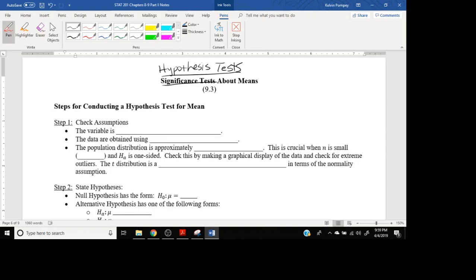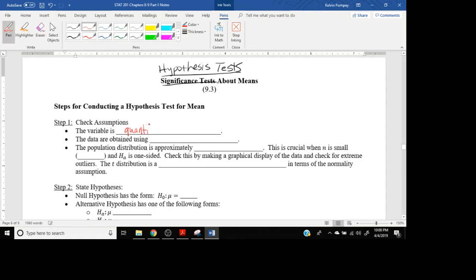But first, what we're going to do when we're conducting a hypothesis test for a mean is check the assumptions. Remember, we check assumptions because we need these things in order for our methods to work appropriately. If any of these things are not satisfied, it could cause our results to not be believable. One of the first assumptions, which we should also have stated when we were dealing with confidence intervals for a population mean, is that our variable is quantitative.